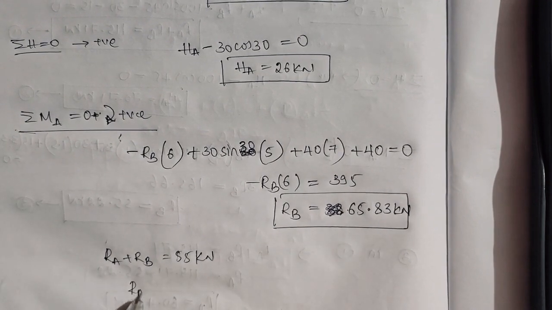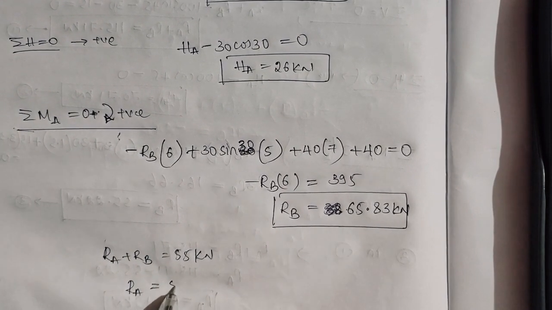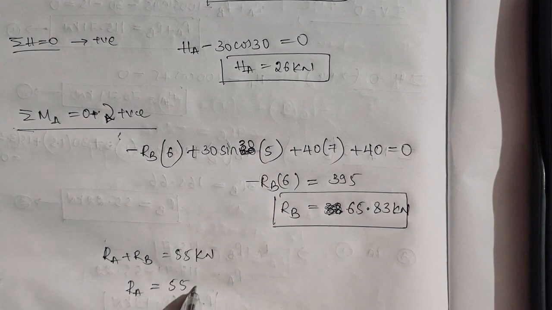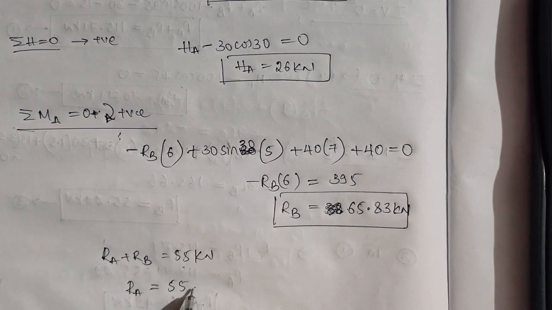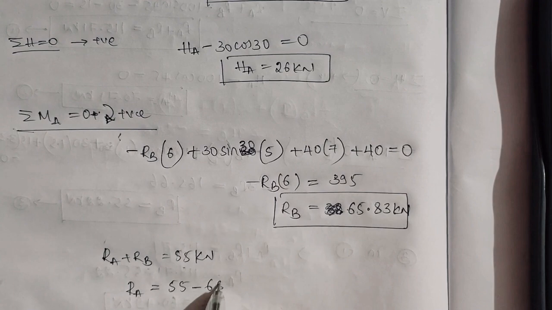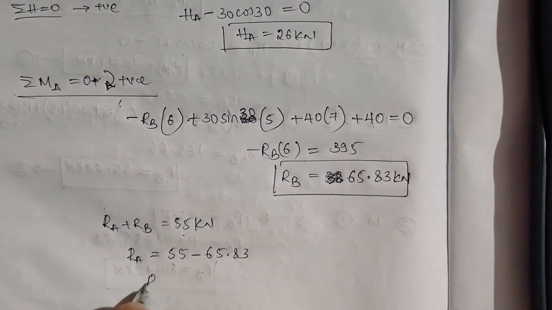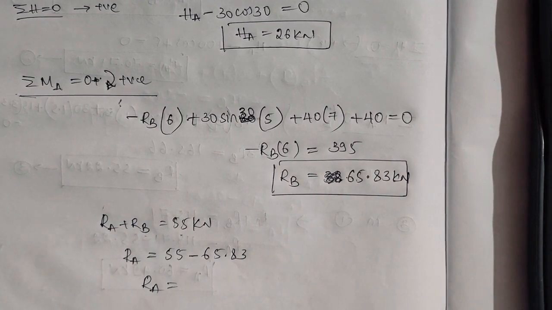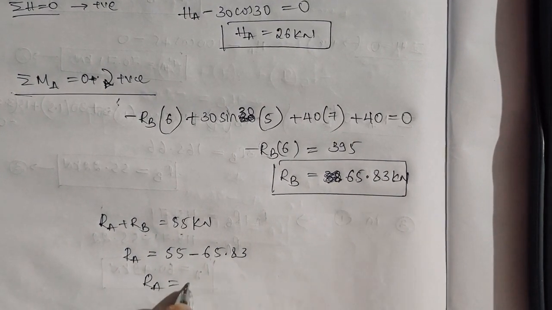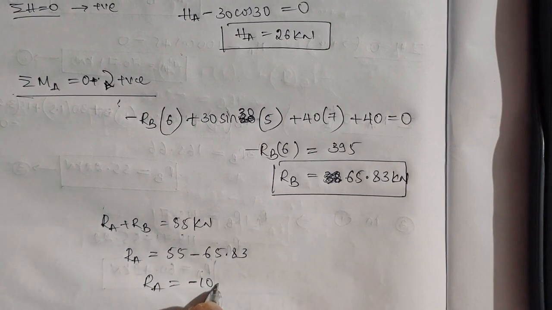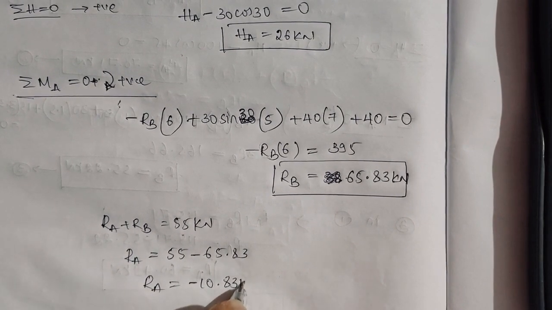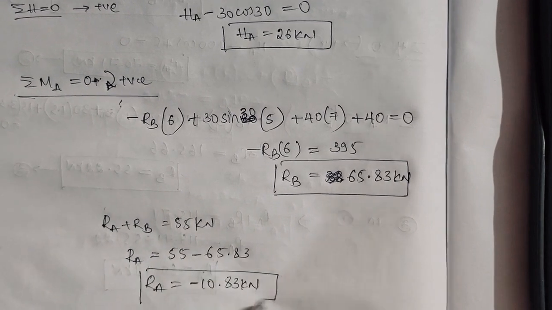So RA is equal to 55 minus RB, 65.83. So RA will be minus 10.83 kilonewton.